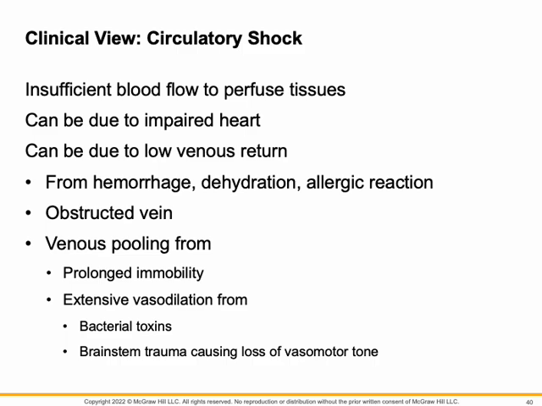This is essentially poor blood flow to tissues because of hemorrhage, some type of allergic reaction that results in poor perfusion, obstructed vein, venous pooling. There are lots of different things that could result in circulatory shock. But with this one, your main goal from a treatment perspective is to restore perfusion to the tissues. You're trying to promote blood flow back to your peripheral tissues.